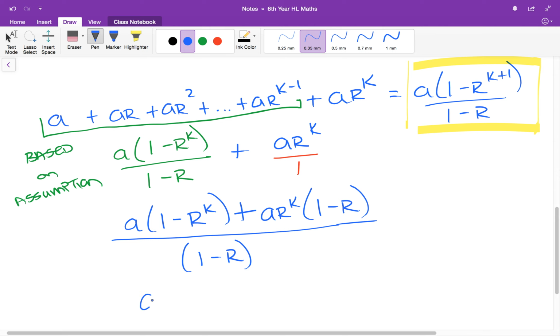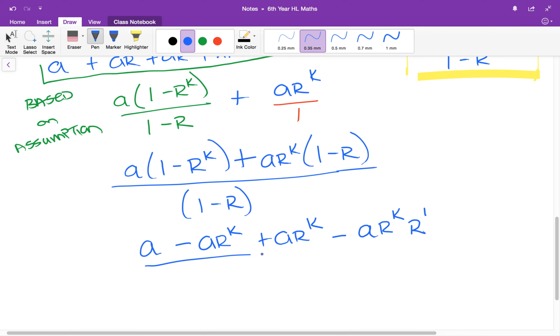So a by 1 is a, a by the minus r to the k is minus ar to the k. ar to the k by 1 is plus ar to the k, and then ar to the k by minus r is minus a, and it's r to the k, r to the 1. And that's over 1 minus r.